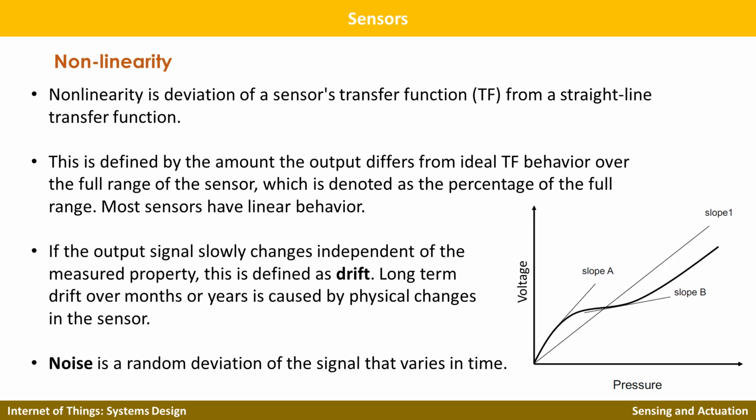But if it's a drift, then up to a certain level you can actually correct it. In order to correct noise, you probably need multiple sensors around it. So look at the nearby sensor, then try to get an approximation or something like that. Other than that, there's nothing much you can do because of the randomness.